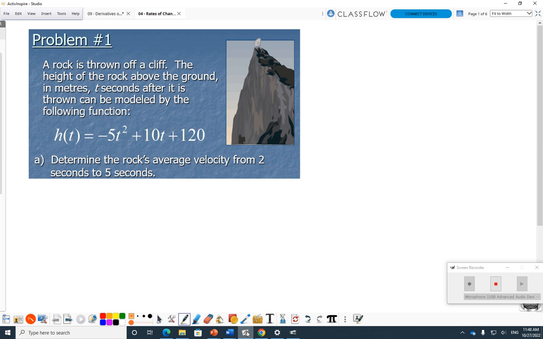So average rate of change. Velocity average equals average rate of change. I did not have to write that. I just wrote it to maybe trigger a memory in your brain like, oh yeah, AROC, average rate of change.